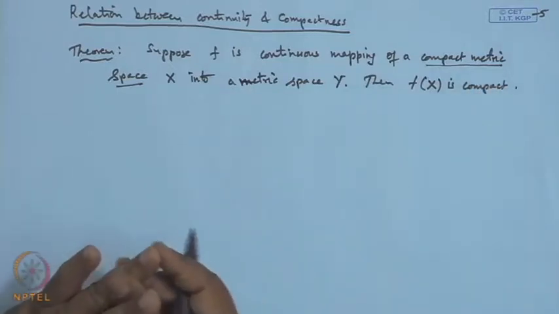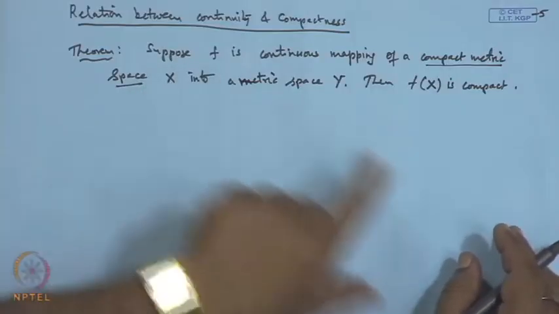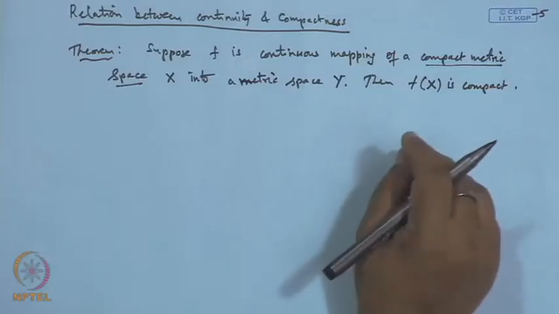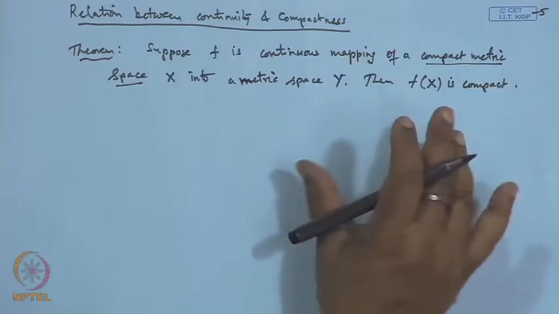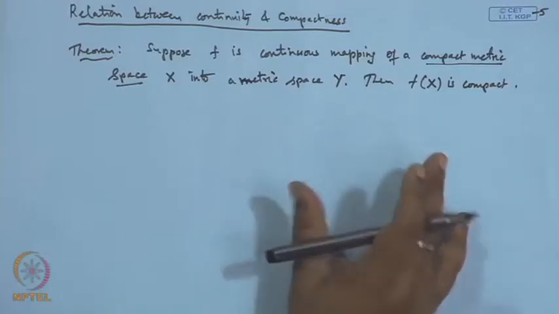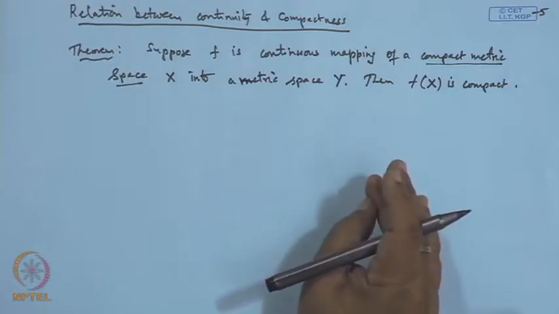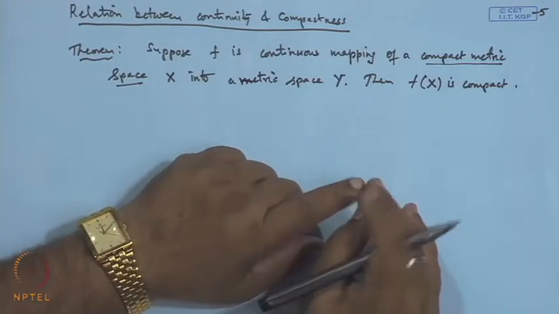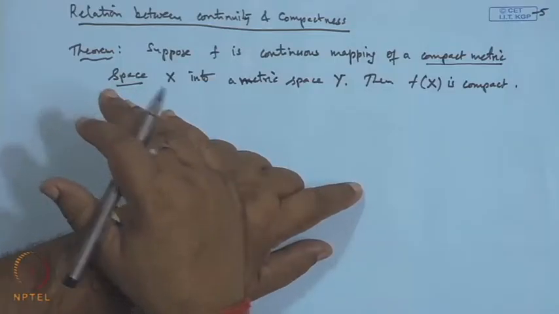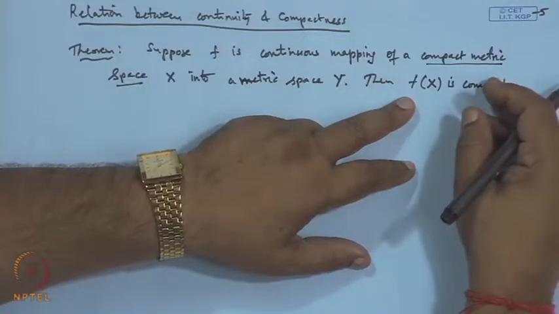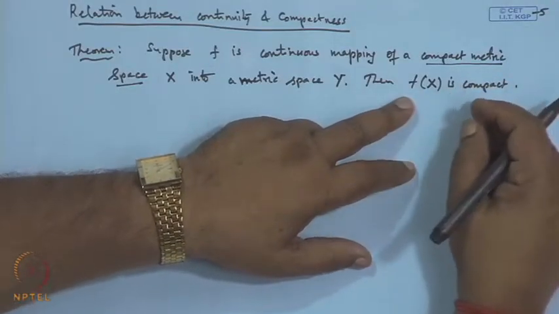So, a very interesting result: the image of a compact set under a continuous function will always be compact. As a particular case, we have seen that if you take any closed and bounded interval in R 1, which is a compact set, the image under f is compact. Even a k-cell in R k space is a compact set.